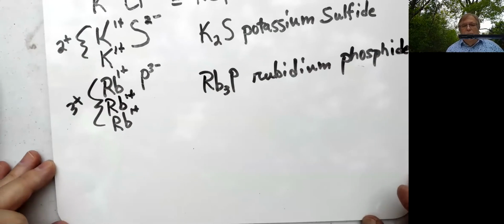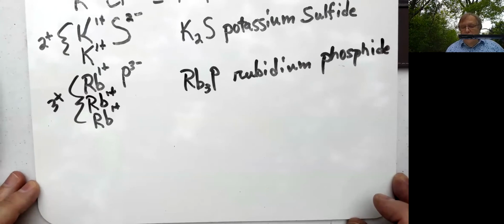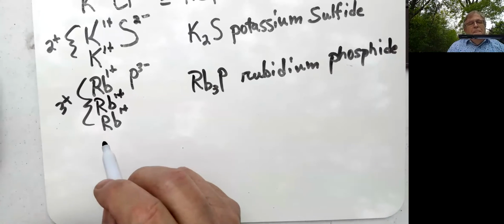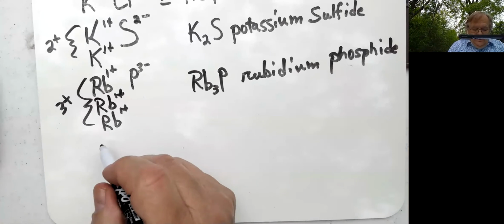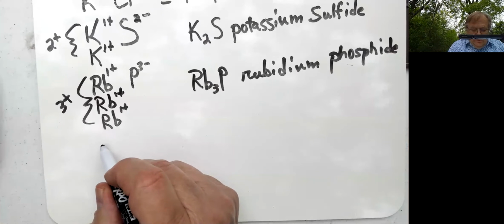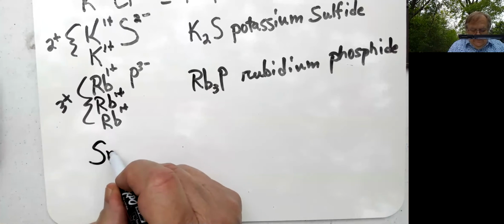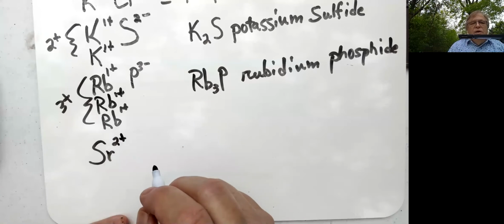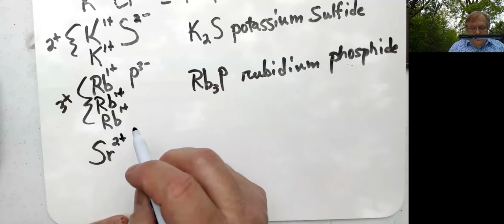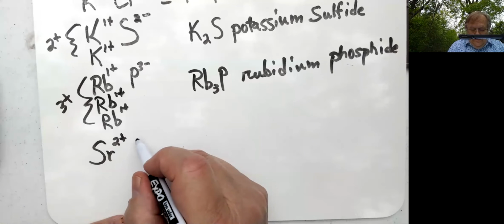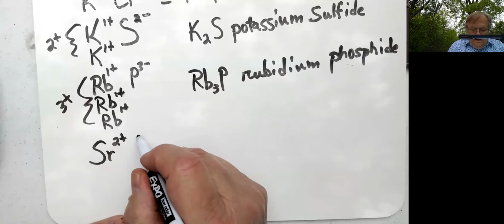All right, a couple more here, and then we'll be done with our video. What if things aren't quite so simple? For instance, suppose I had strontium, which is in the same family as calcium and magnesium. What if I had strontium and nitrogen?